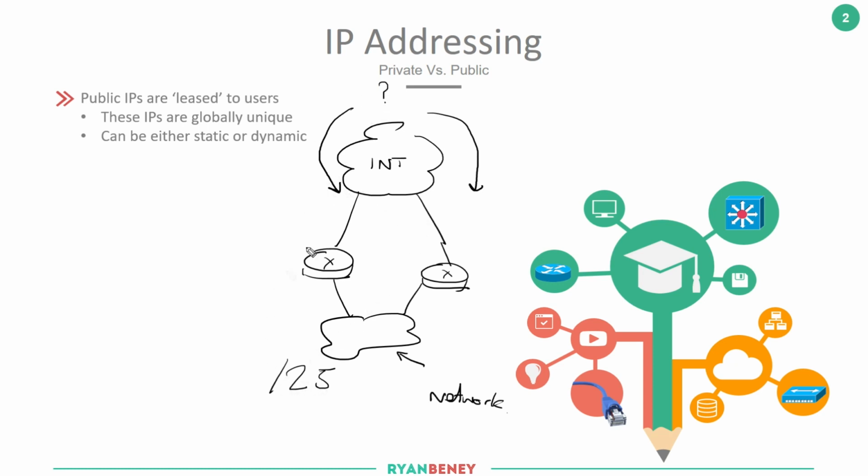But this /25 essentially can't be advertised to you from both ISPs because not both ISPs can own the same /25. So what we can do here is what's called multi-homing, and essentially we, as the network provider and owner of the IPs, can actually run a routing protocol with our ISP.